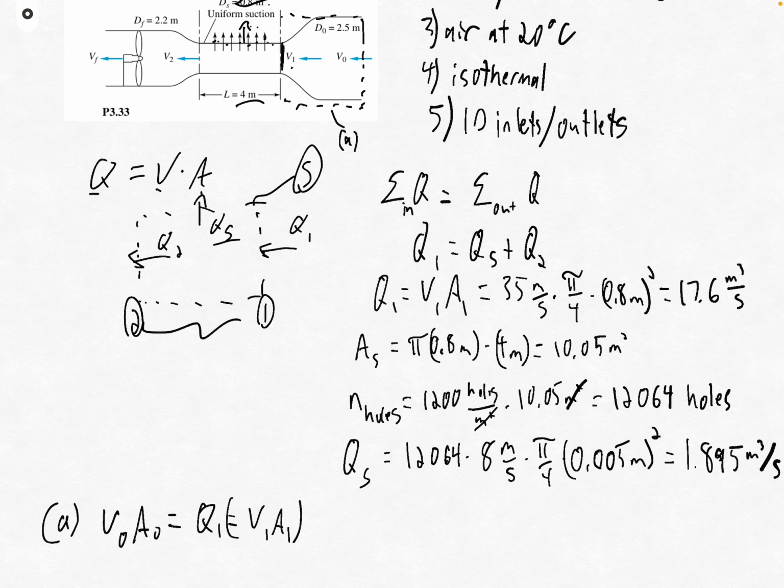We've already found this. It's equal to 17.6 meters cubed per second. And we know the diameter of this section 1. And so with this diameter, we can figure out the area.